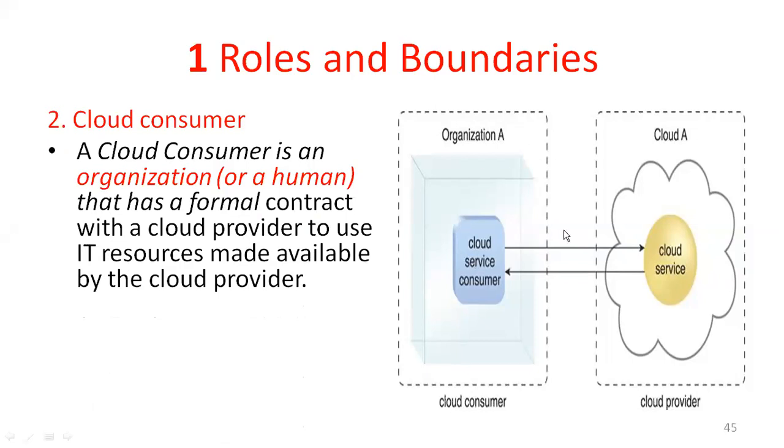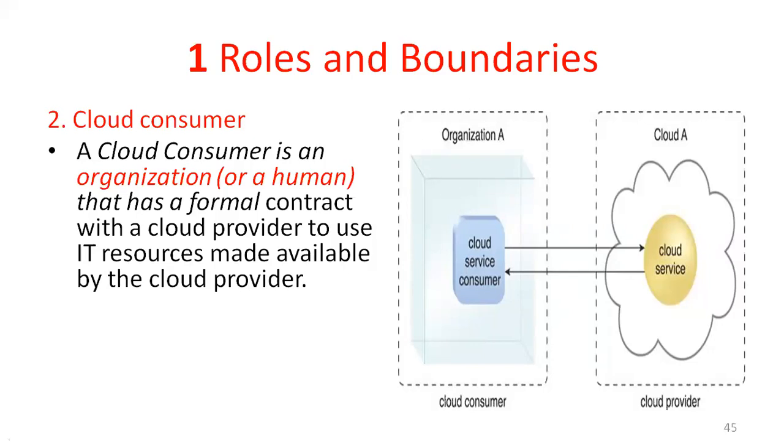On the left side corner you will identify the cloud service consumer. The consumer always utilizes the services provided by the cloud provider. This consumer may be a simple organization, or the cloud consumer may be a simple person.